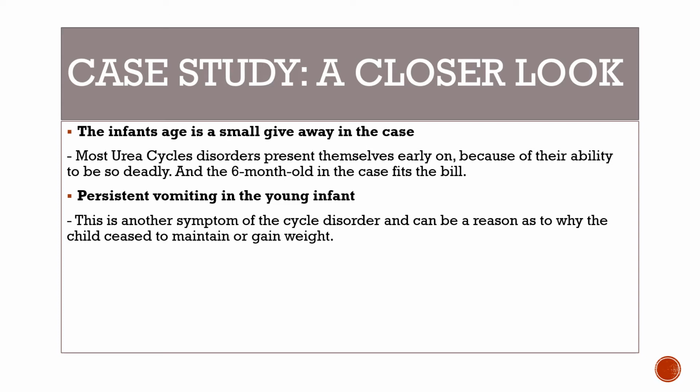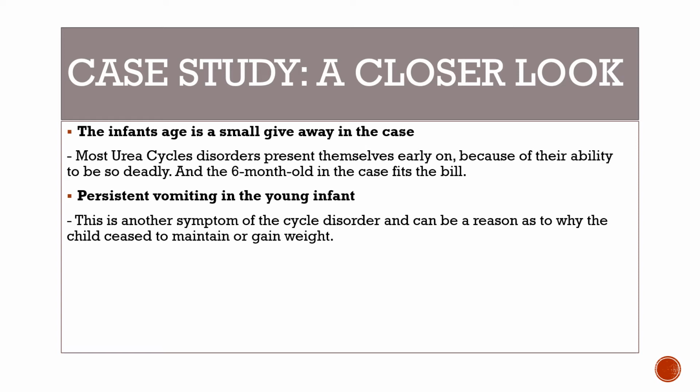The first one we see is that the infant's age is a small giveaway in this case. We know this because most urea cycle disorders present themselves early on because of their ability to be so deadly. The 6-month-old in the case fits the bill.